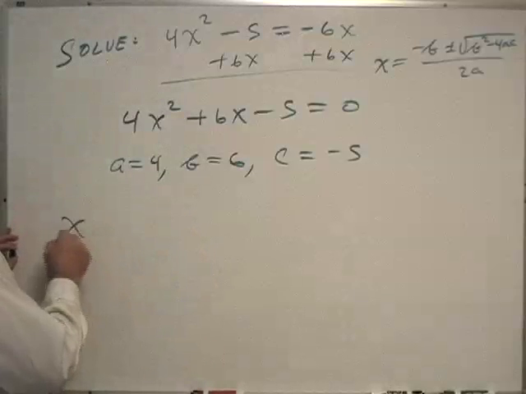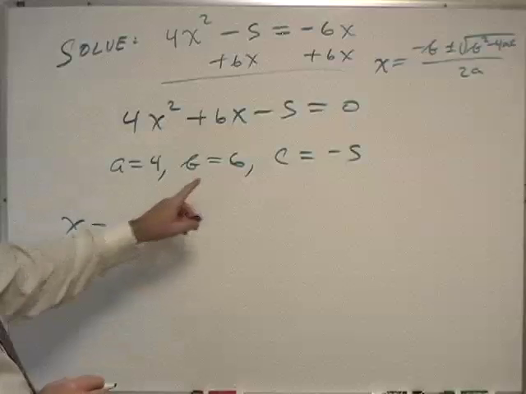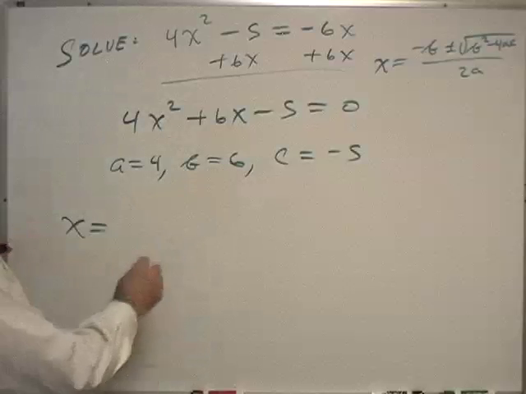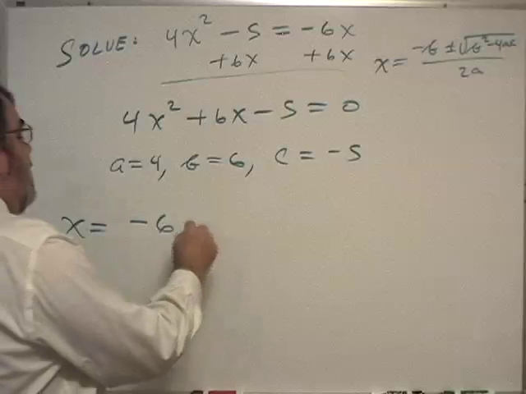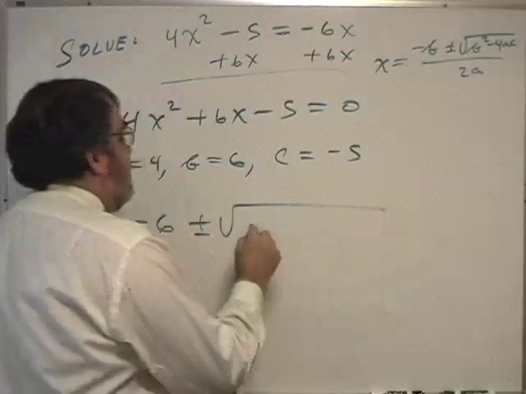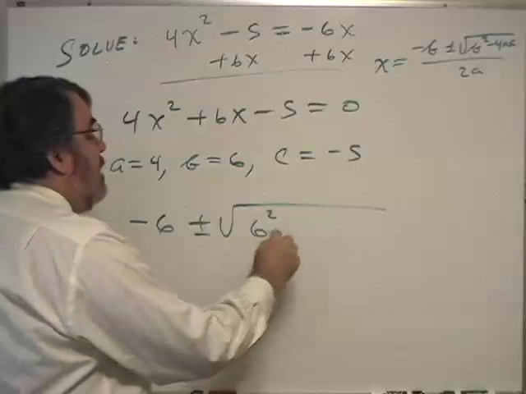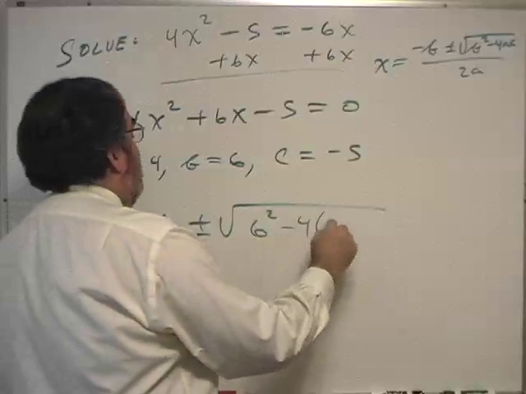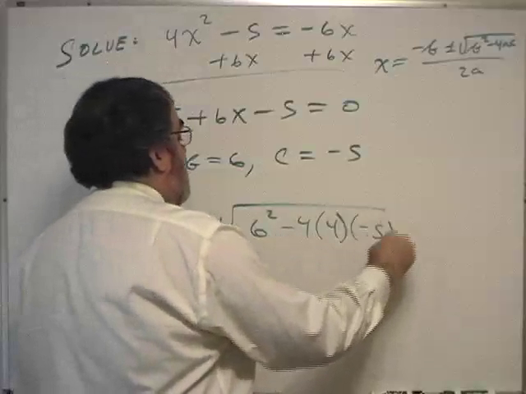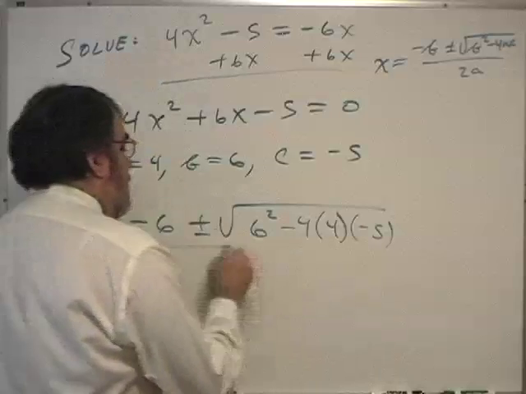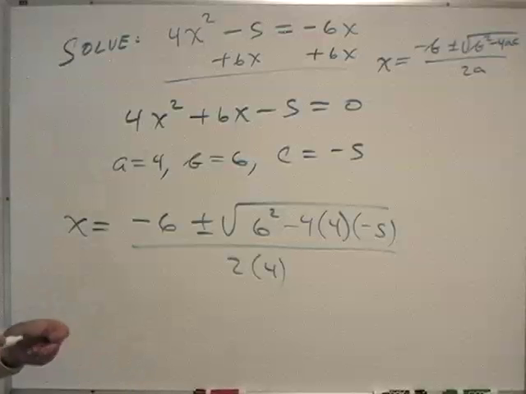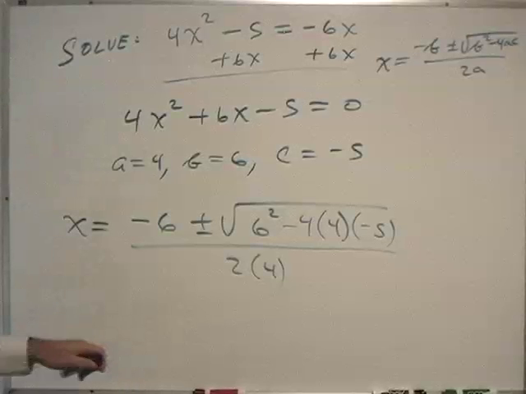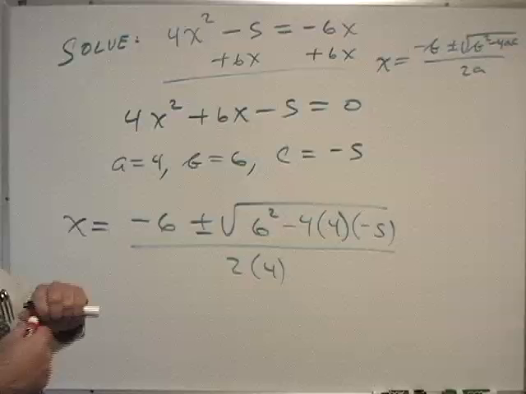All right, well, x equals minus b, so it'll be minus 6, and then plus or minus the square root of 6 squared minus 4 times a times c, divided by 2a. So I plugged all those numbers in, and we have two negatives which will cancel.